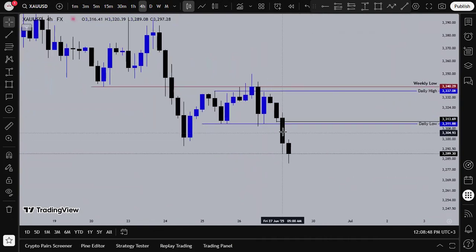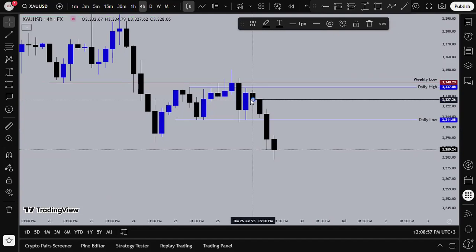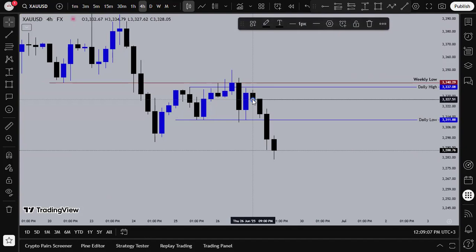See here, let's start in this move here, okay? Let's start in this move. This is the last 4 hour. The next 4 hour that came breaks below this candle, okay? So what happened there? The next 4 hour continued breaking below.